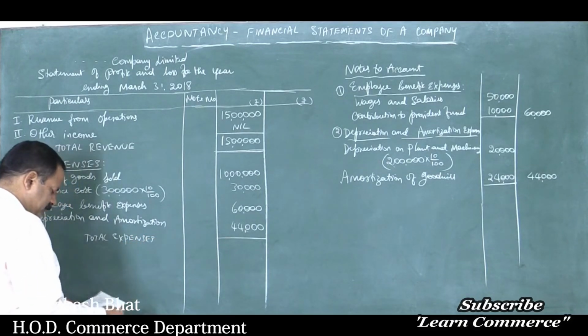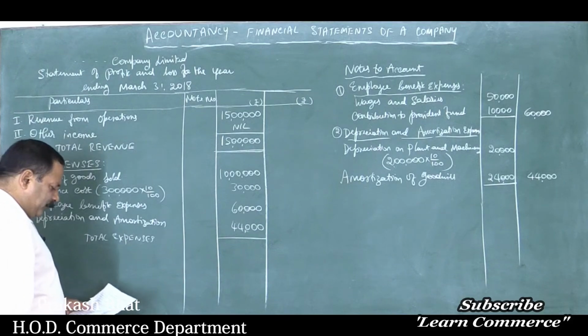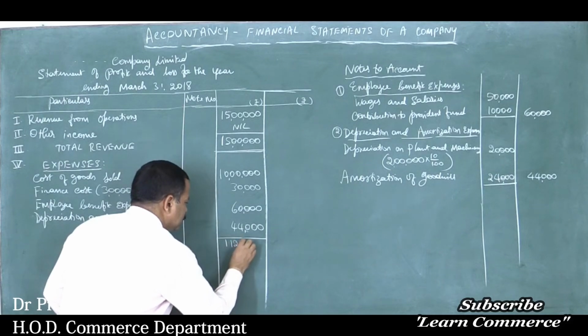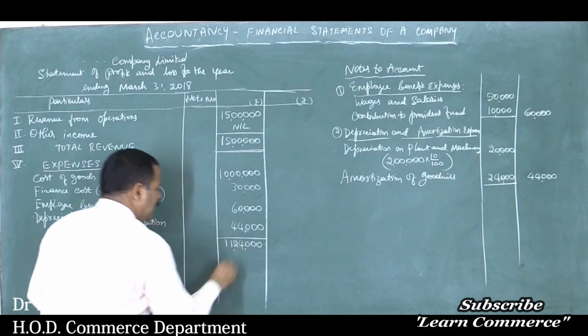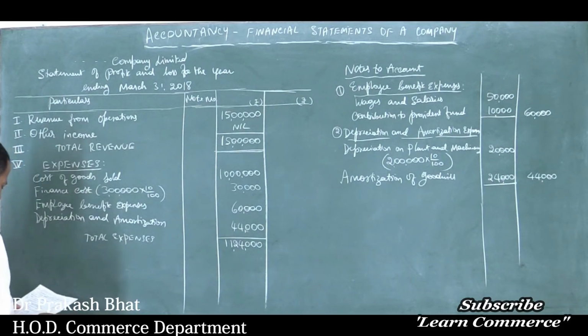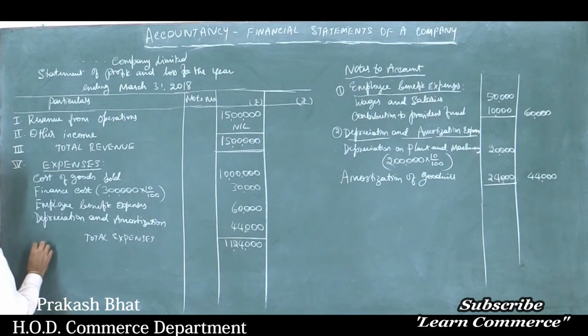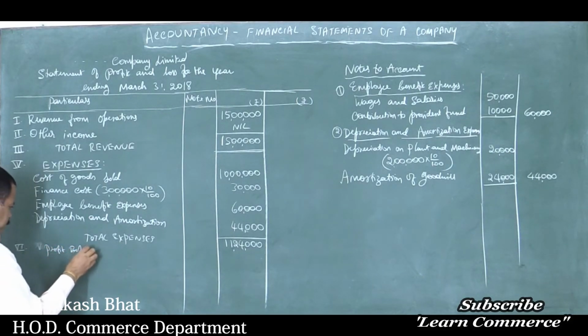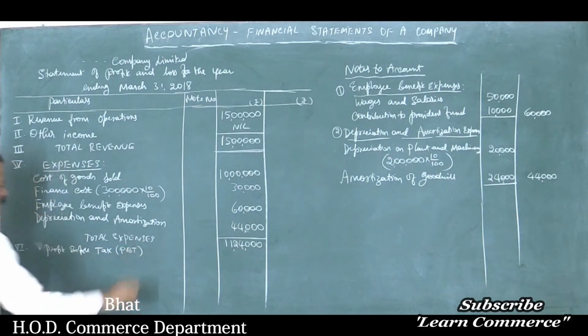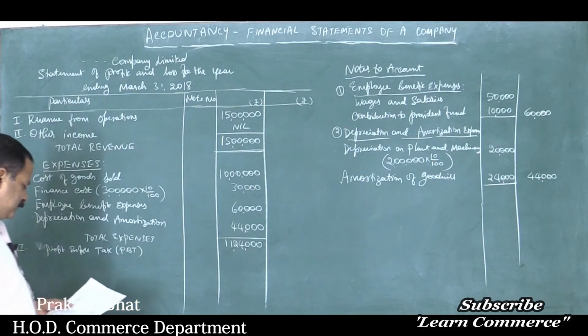How much is it? 11,24,000, correct? Then profit before tax, the 6th one, not here, the 6th one. Profit before tax, that is PBT. How much is it?